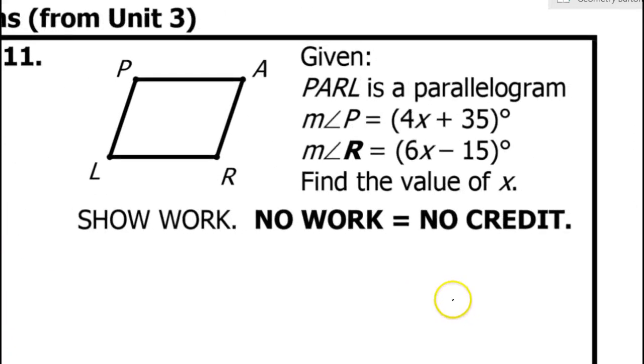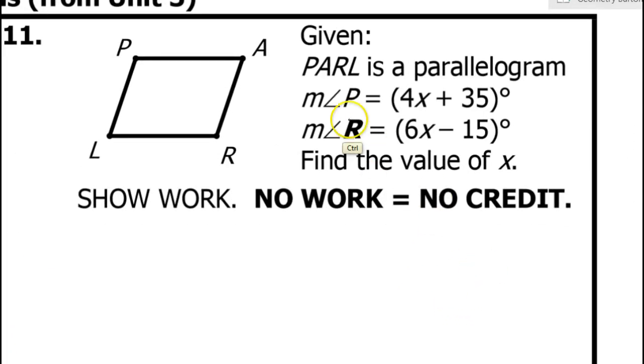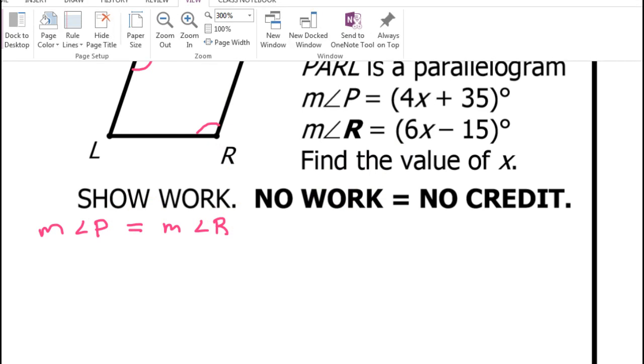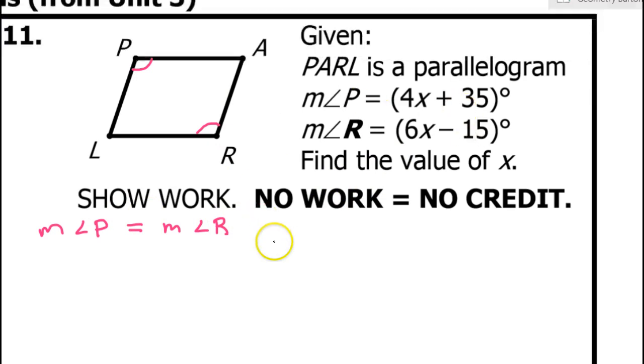All right, last one. So we have angle P and angle R. So here's angle P and here's angle R. In a parallelogram, opposite angles are congruent. So that tells us that the measure of angle P should equal the measure of angle R. So that means that these expressions should be equal to each other.